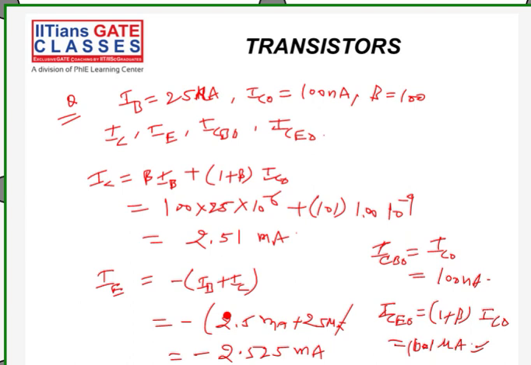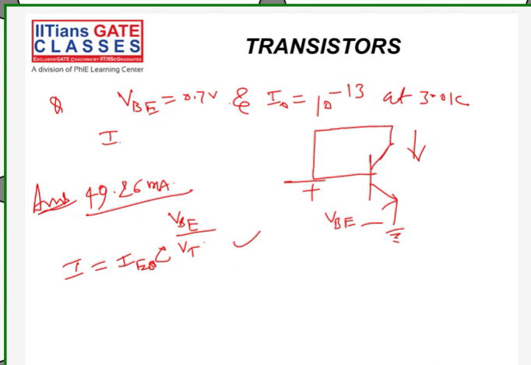In a circuit shown, VBE is given to us. I'll write somewhere else. Here I'll write. Question is: VBE they have given is 0.7 volt. Beta they have given is 100.